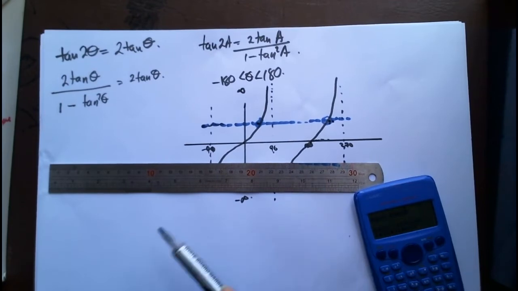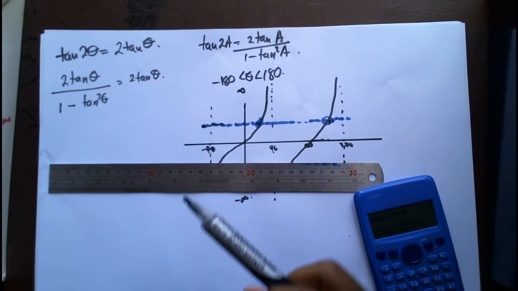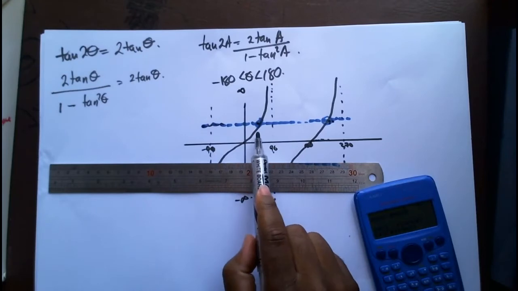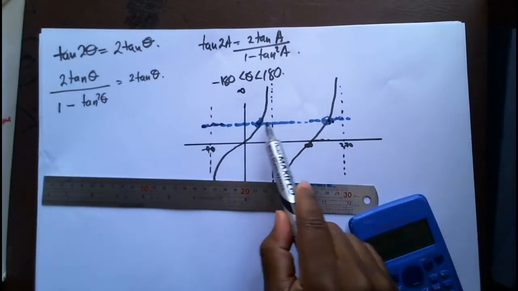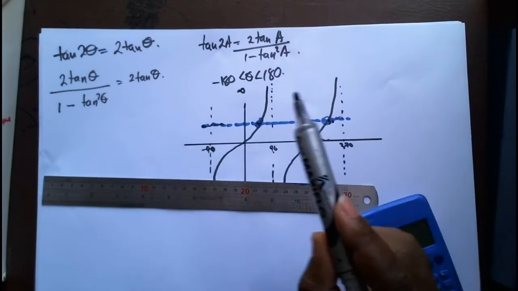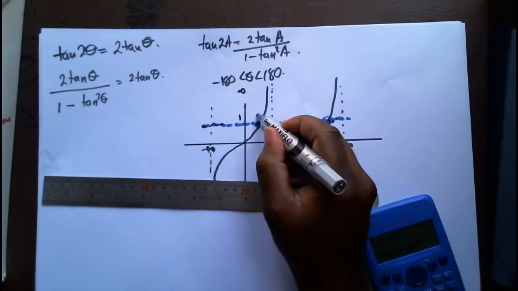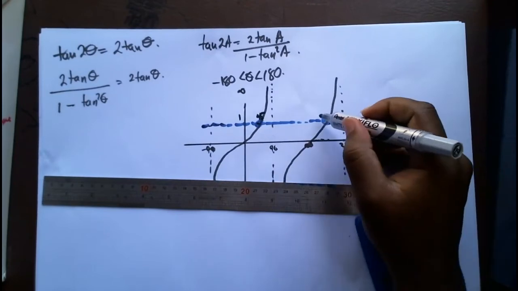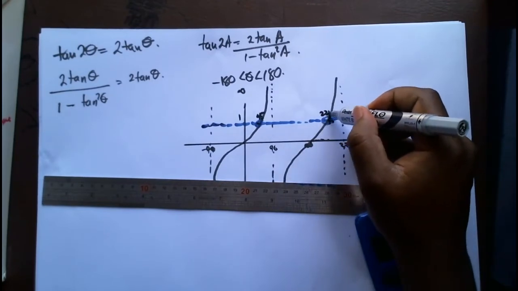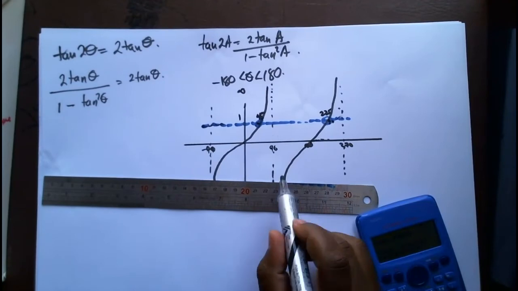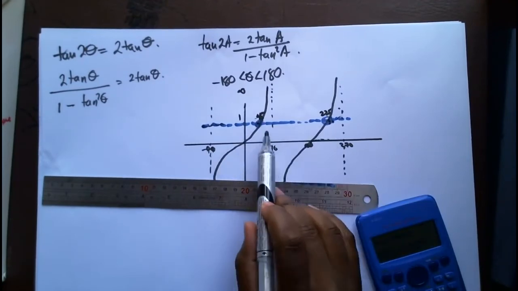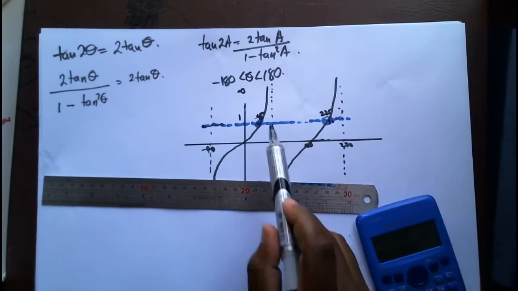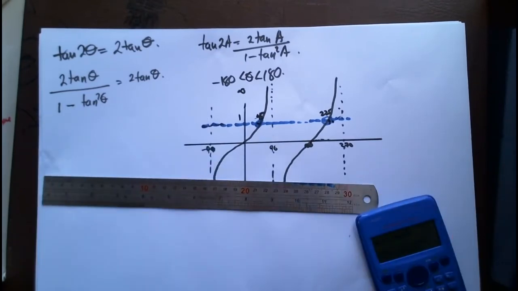Whatever we find with shift tan, we must always add 180. If here we get 45 degrees, here it will be 45 plus 180, which is 225 degrees. So we add 180, and we also subtract 180, going forward and backwards.